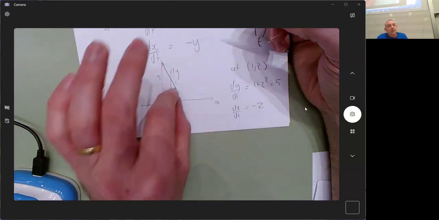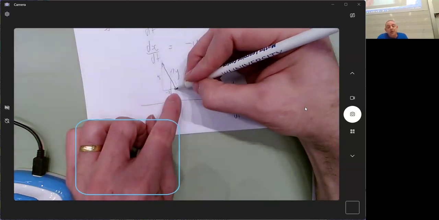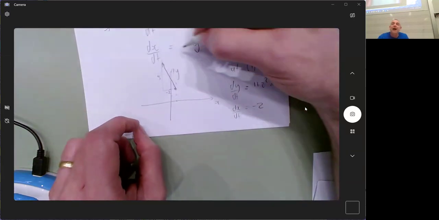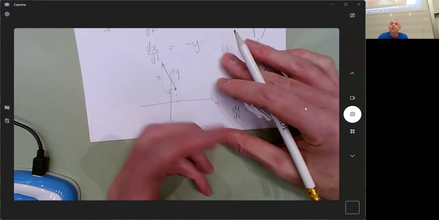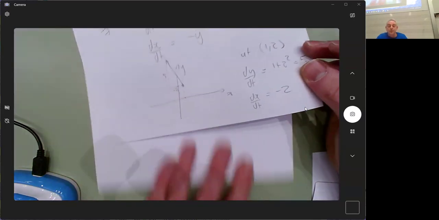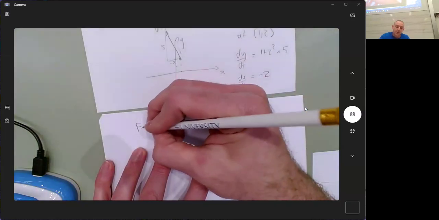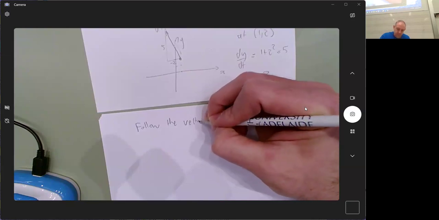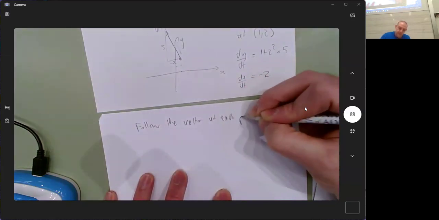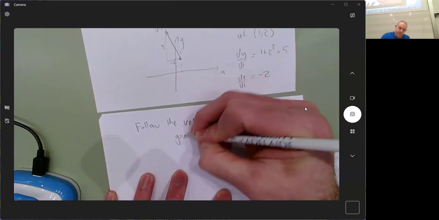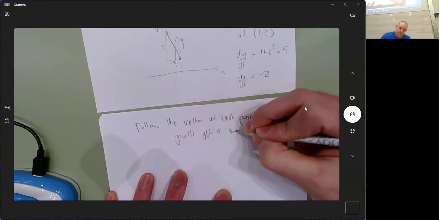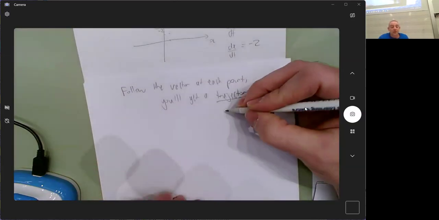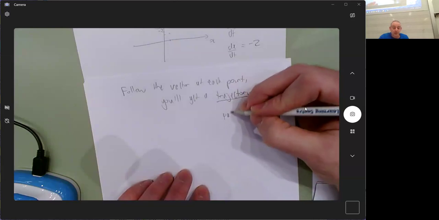If you had a specific starting point, you could follow that arrow a little bit, then follow a little bit, and a little bit, and you would trace a path that you would travel. That path is called a trajectory.